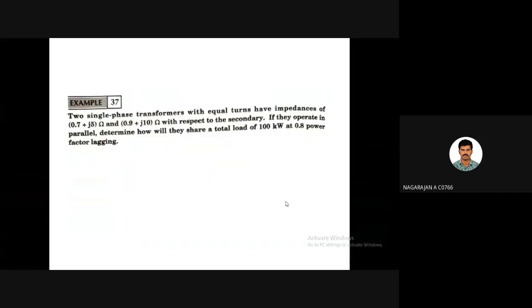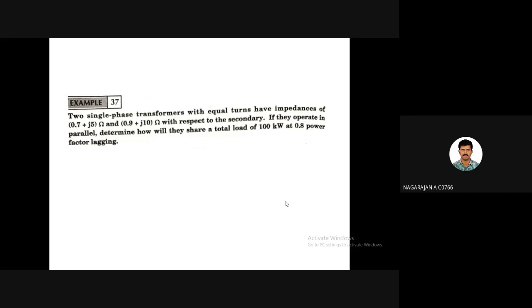Can you guys see the screen? Is the screen visible or not? Yes, sir. Okay. Read out the problem.